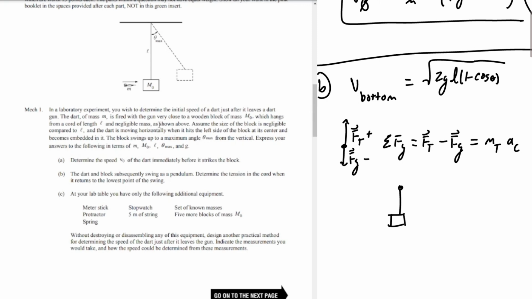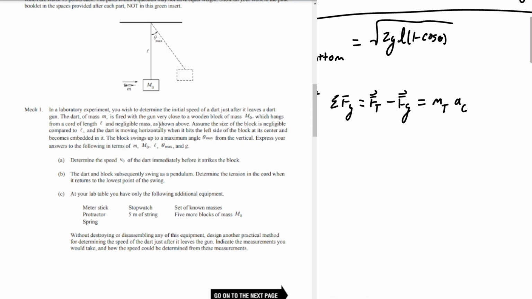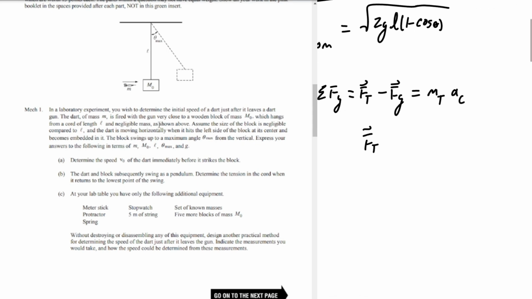And if we draw this out again, the acceleration is that way. That's centripetal acceleration towards the radius, towards the center, right? So now let's sub in some things here. Let's solve for force tension. Knowing Fg is mg, we can write tension equals MT g plus MT AC.